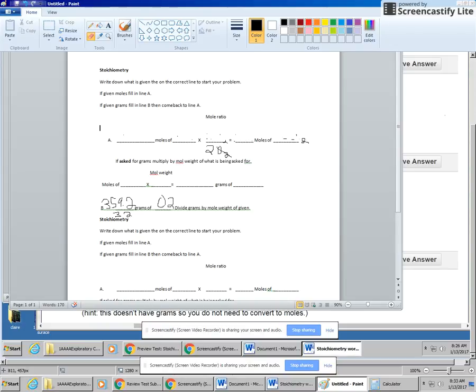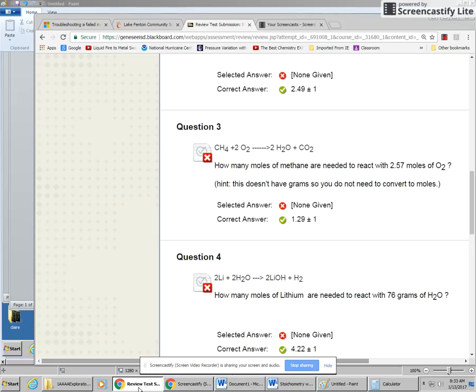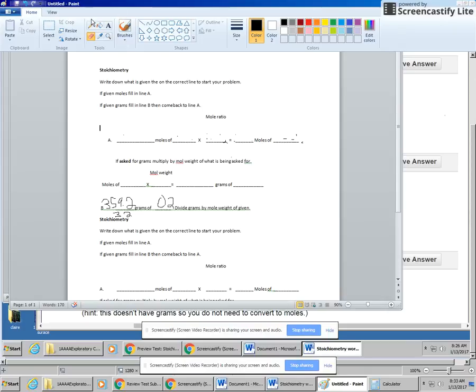And I'm just going to erase this real quick. But the first thing that you do is you have to write down what is given. And so how many moles of methane are needed to react with 2.57 moles of O2? You write down 2.57 moles of, what's that, methane?